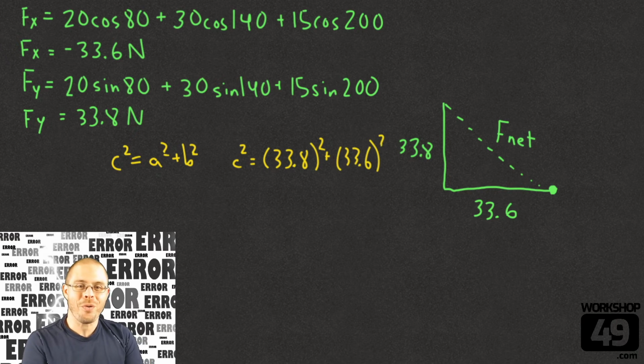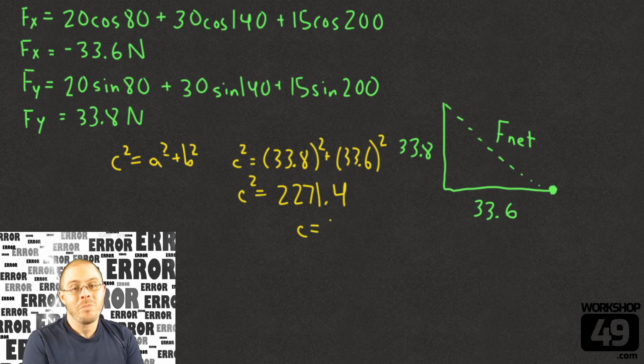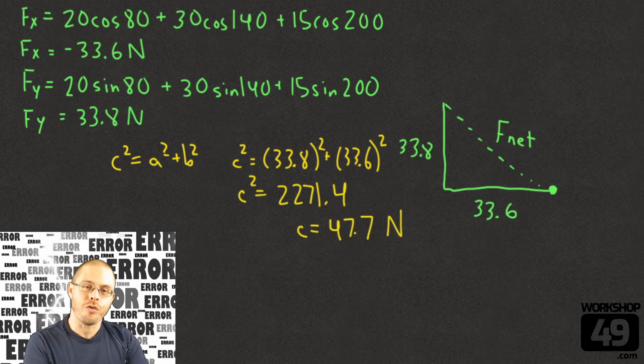And I can go ahead and put those in the calculator as well, and it's going to give us a value of c squared is equal to 2,271.4. Take the square root of that, gives us c, 47.7 newtons, and bam, we have a force net. No problem.